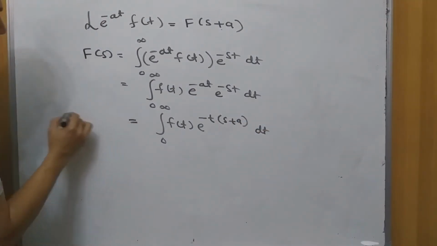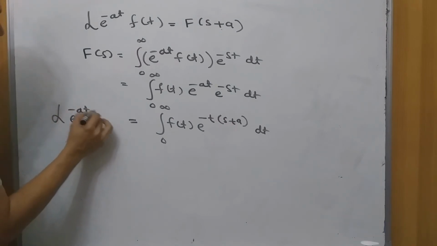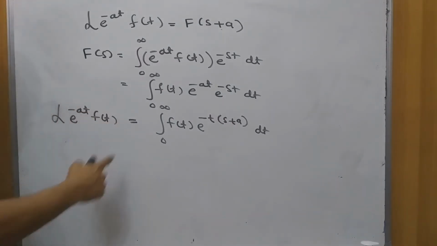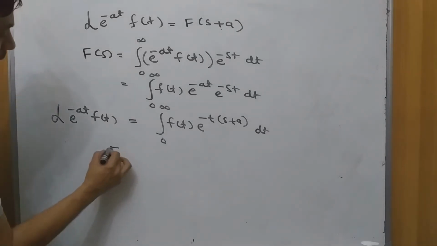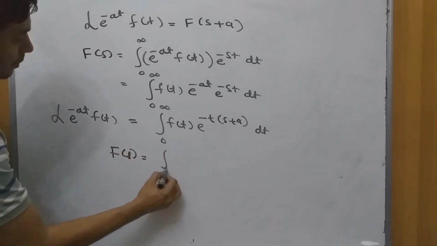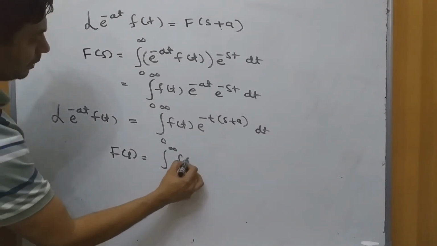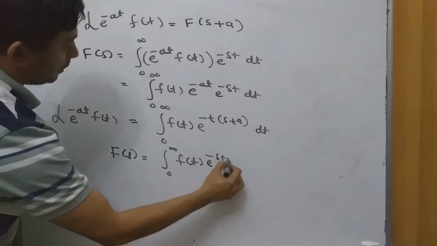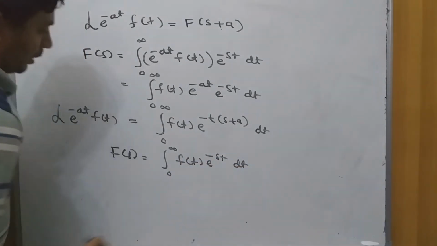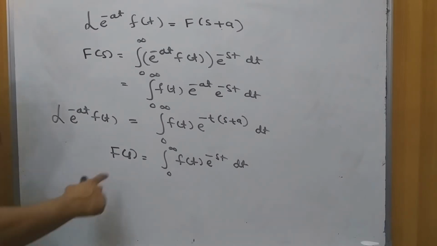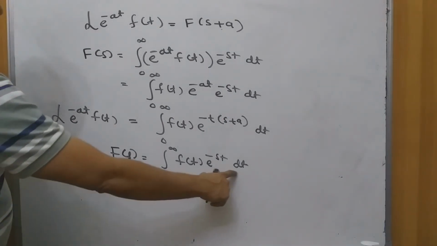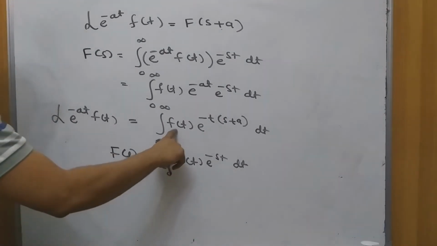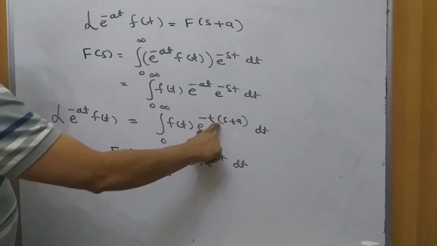This is supposed to be the Laplace transform of e raised to minus at f of t. Let us compare this equation with the standard Laplace transform equation. F of s is equal to integral 0 to infinity f of t into e raised to minus st dt. If we compare these two equations, F of s is f of t into e raised to minus st dt, and this term is f of t into e raised to minus t into s plus a.